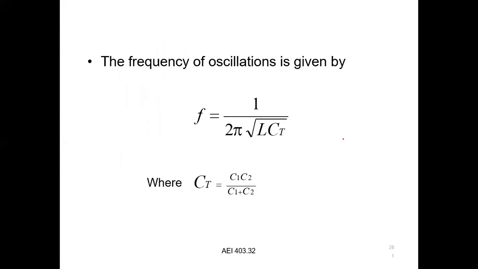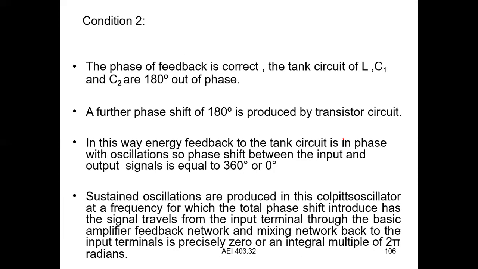The frequency of oscillation is given by F equal to 1 divided by 2 pi root of L CT, where CT is the combination of capacitors. The capacitors are connected in series, so CT is equal to C1 C2 divided by C1 plus C2. This is the concept.